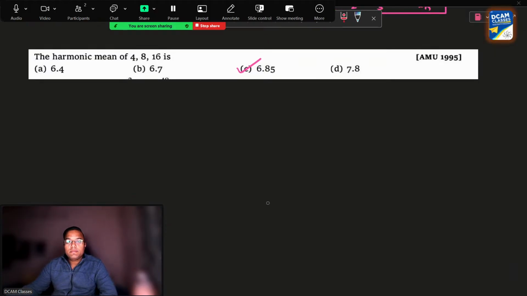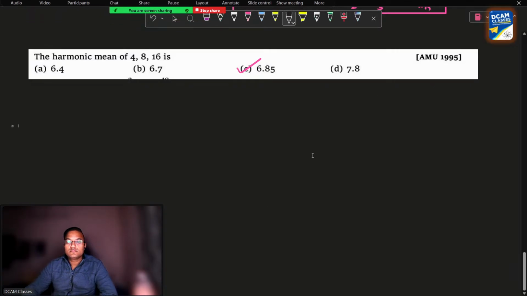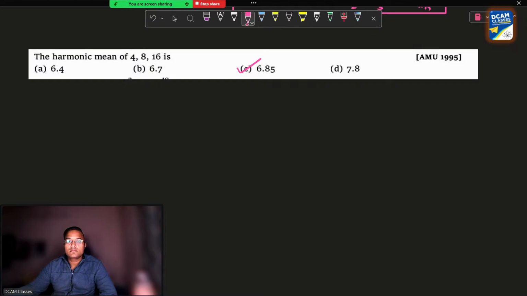Today we have to study about median, na? Mean we have done. Actually, what is median?